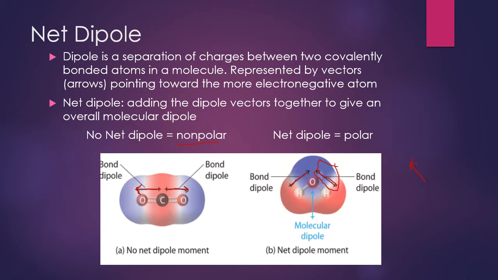And you always add arrows or vectors head to tail. So that arrow is going in this direction. So notice they're not canceling each other out. We have a total net dipole from the very tail of the arrows to the head of the arrows. So if we have a dipole, if the arrows don't cancel each other out, that tells us it is a polar molecule.